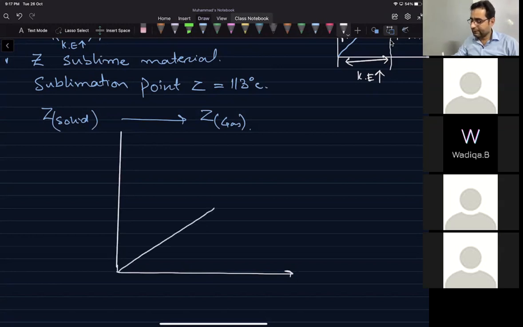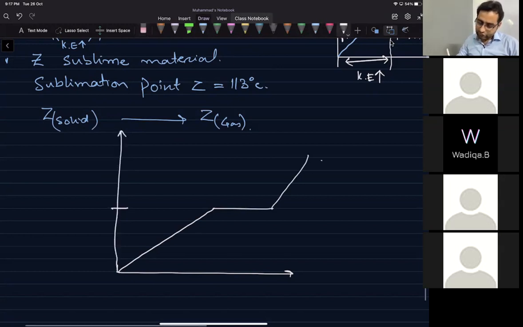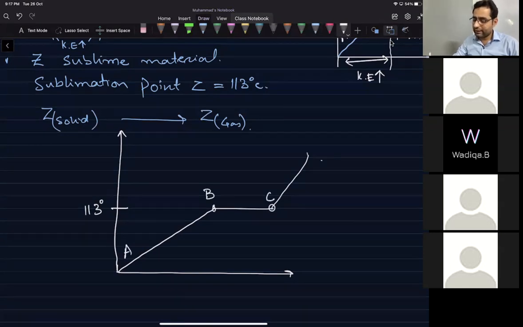This is the heating curve for substance Z. This is the sublimation point. The sublimation point for Z is 113 degrees C. This is A, and at point B, sublimation starts. At point C, sublimation ends, and at point D, there is a gas.